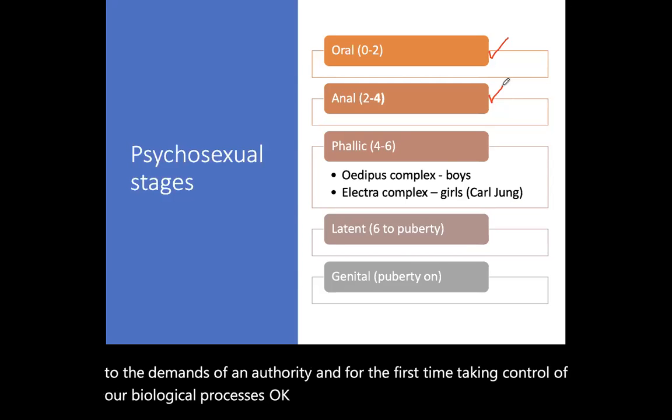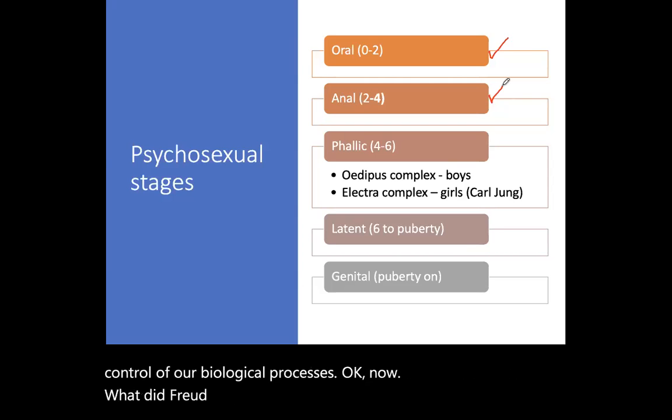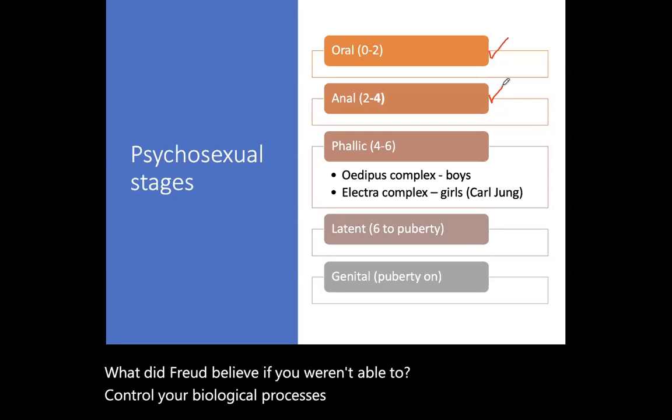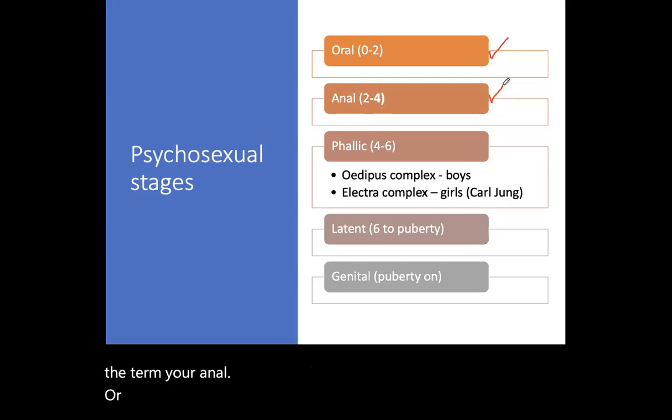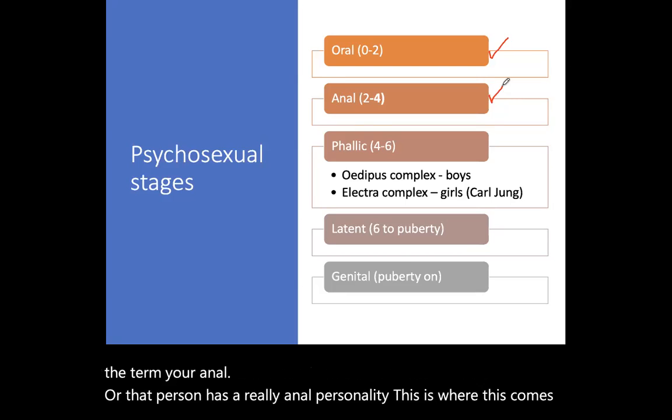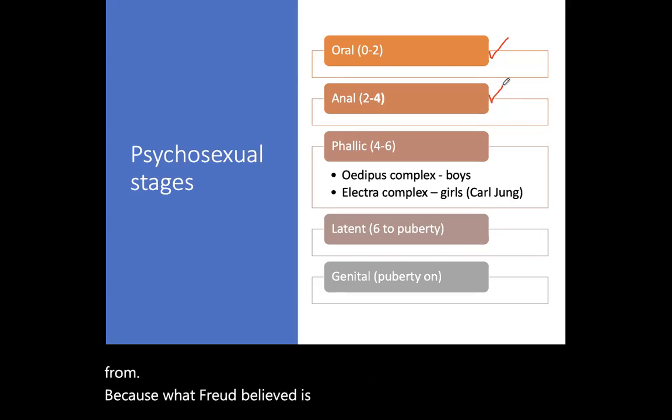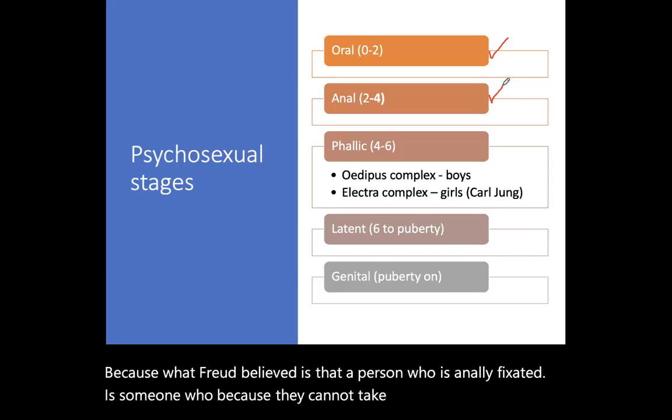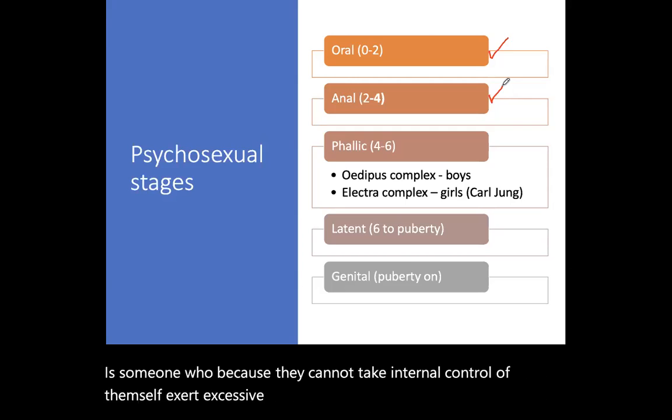Now, what did Freud believe if you weren't able to control your biological processes? Well, if anybody has ever heard the term "you're anal," or that person has a really anal personality, this is where this comes from. Because what Freud believed is that a person who is anally fixated is someone who, because they cannot take internal control of themselves, exerts excessive control on their environment and people around them.